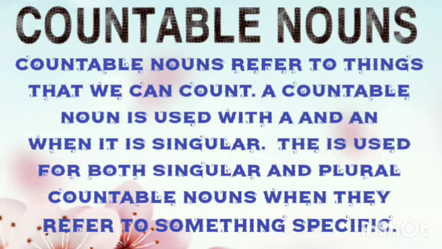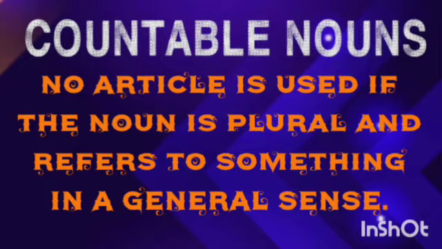So when we refer to specific situations, then we use the. No article is used if the noun is plural and refers to something in a general sense. So if the noun is in plural form and refers to something in general, then we do not use any article.